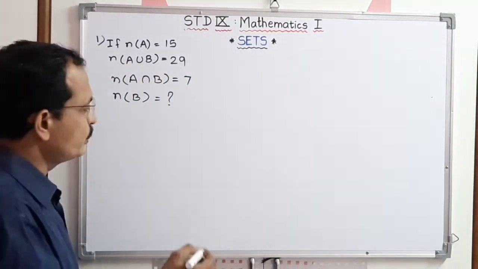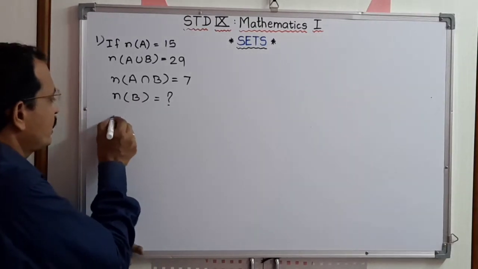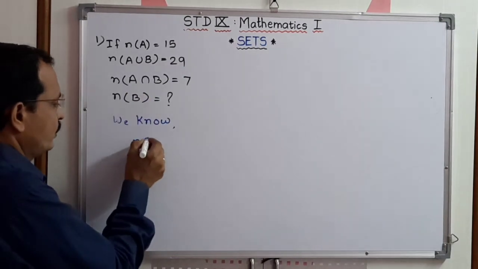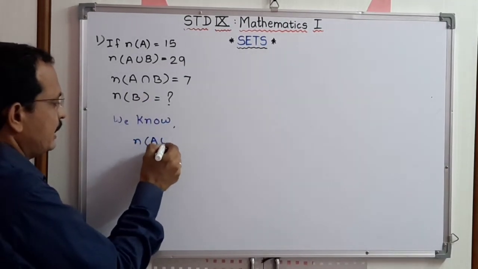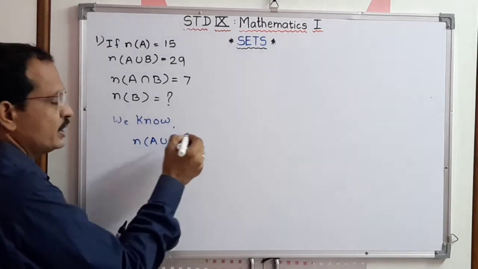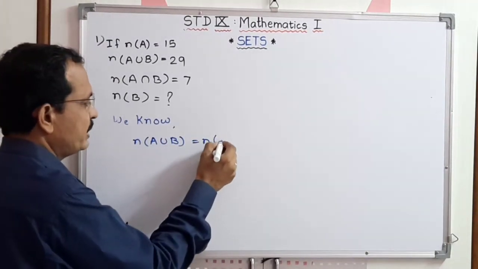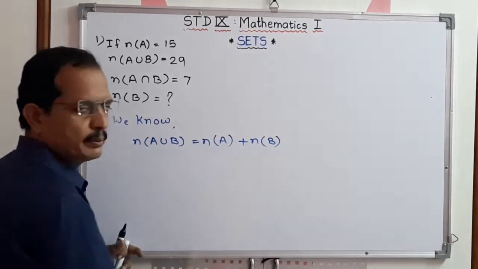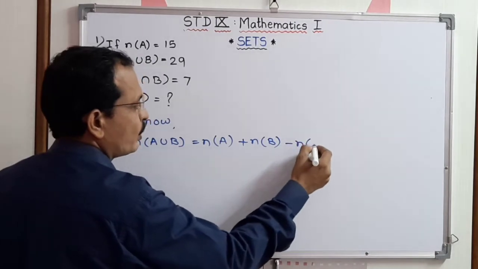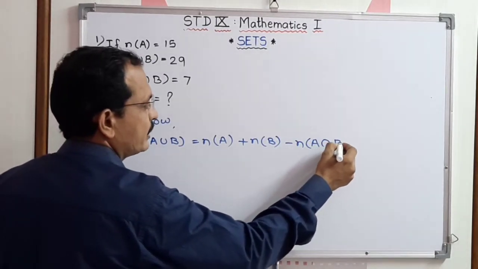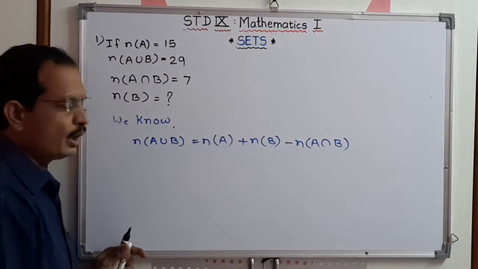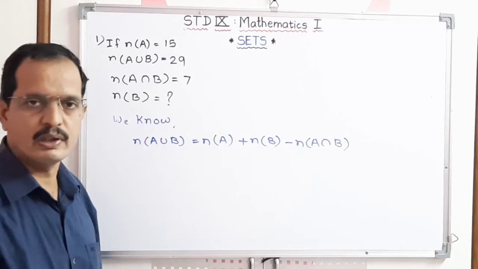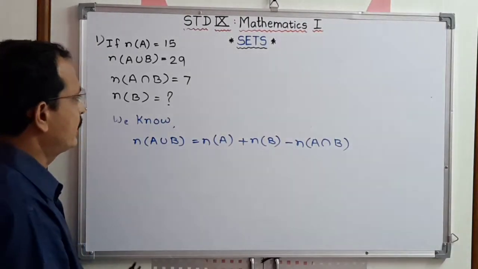First of all we write, we know, number of elements in set A union B is equal to number of elements in set A plus number of elements in set B minus number of elements in set A intersection B. Now we just have to substitute the values and simplify, and we will get the answer.